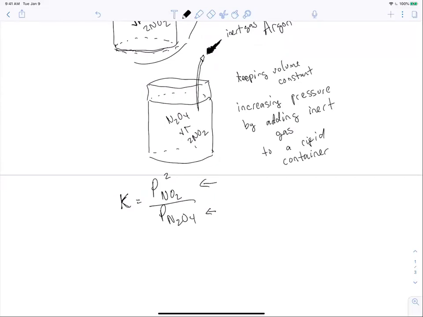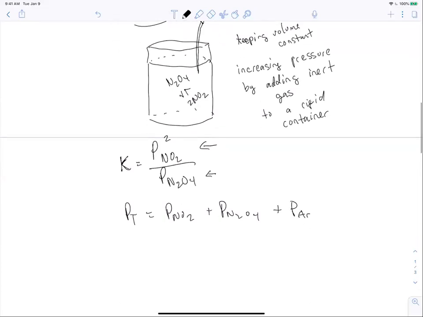So remember that the total pressure of a system is going to be equal to the sum of the partial pressures. And that the equilibrium constant, at least when you're talking about gases, so Kp here, is going to be equal to the partial pressure of the product over the partial pressure of the reactant.